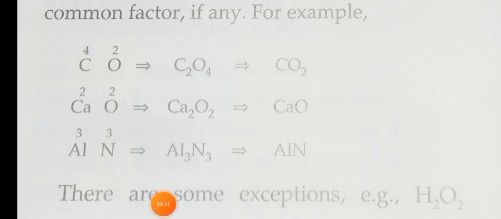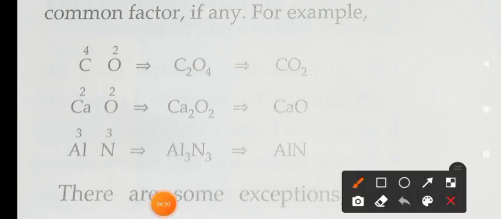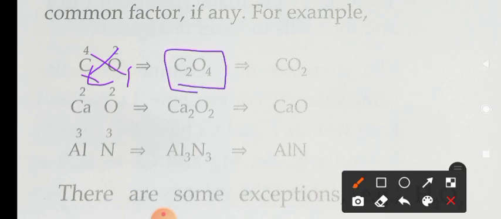The valency of carbon is 4 and the valency of oxygen is 2. We interchange these values and write C2O4. Since 2 and 4 are divisible by the common number 2, when you divide by 2 it becomes CO2.